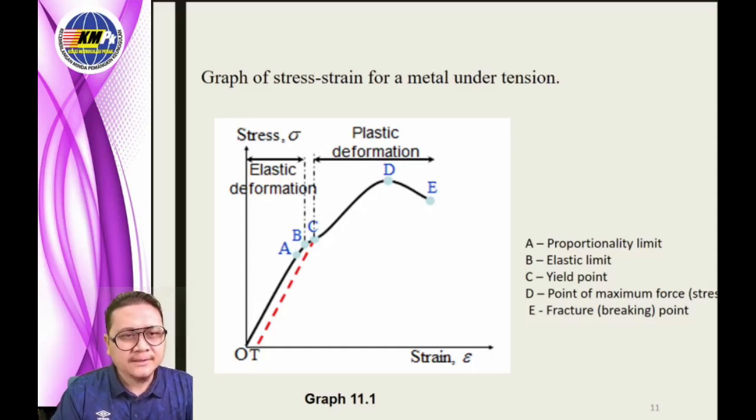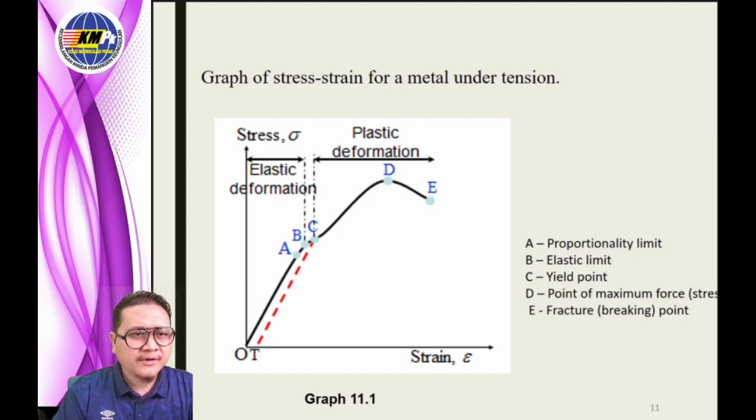Ladies and gentlemen, the study about the characteristic of the deformation process can be represented by the graph of stress strain for a metal under tension. Everybody please refer to the graph shown in the slide.